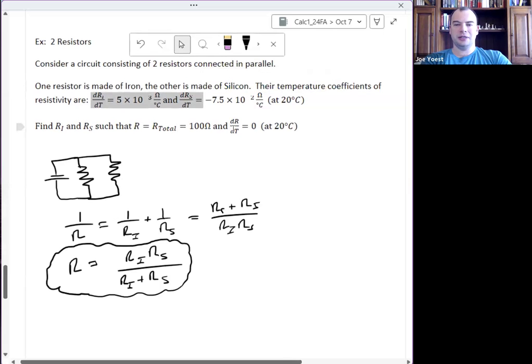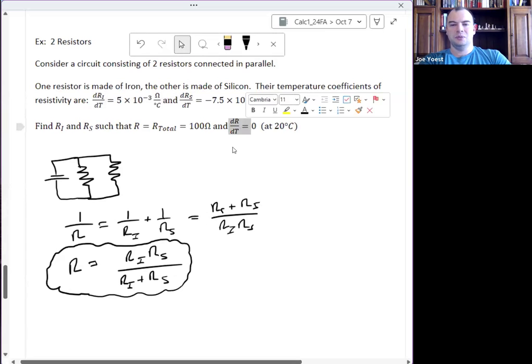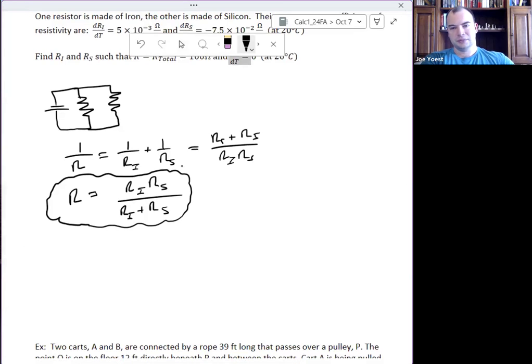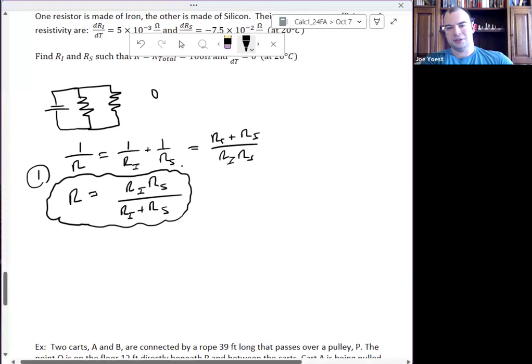So now I know what I need to do. I need to relate big R to big Ri and big Rs. I did that. And I need to differentiate that with respect to big T. So I now have step 1 completed. We've kind of talked through the scenario, step 0 up here.